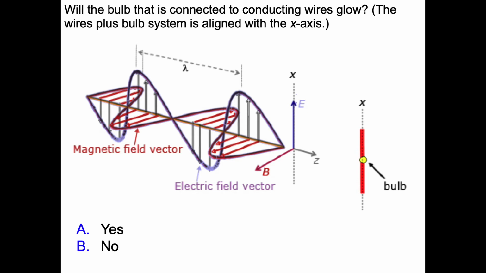And let's assume the electromagnetic wave is sufficiently big to make the light bulb go on. So it's either yes or no. So in this picture, the electric field is oscillating vertically, and the magnetic field is oscillating in the horizontal plane.